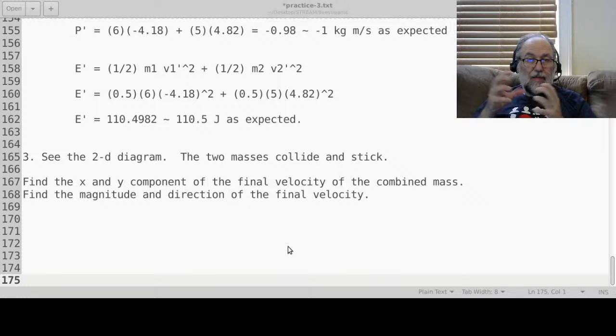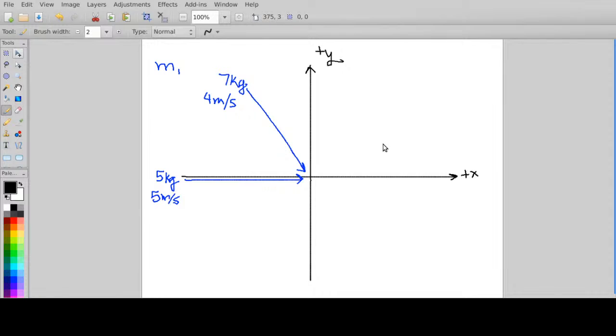The first question is, find both the x and y components of the final velocity of the combined mass, and the other is find the magnitude and direction of the final velocity. Obviously the first question is give me the answer in Cartesian, and the second is give me the answer in polar. So let's take a look at that diagram.